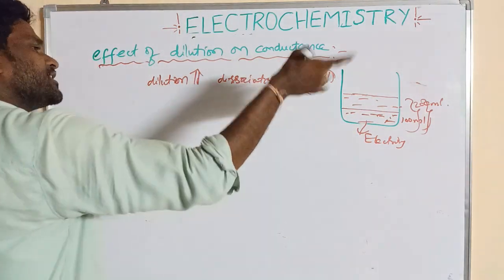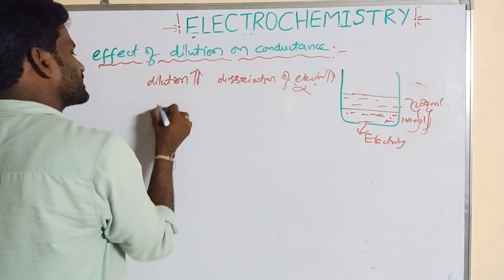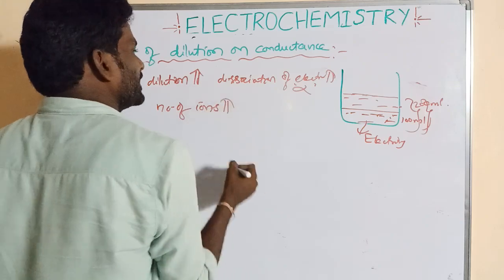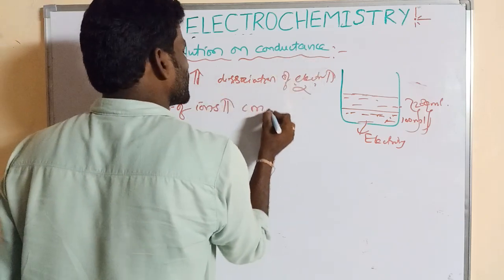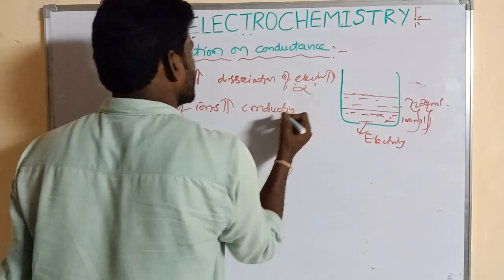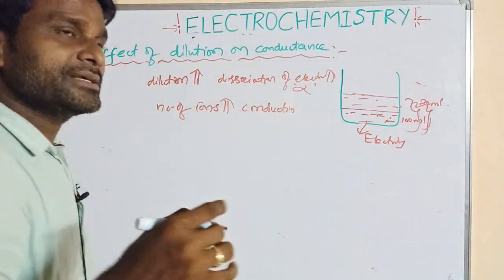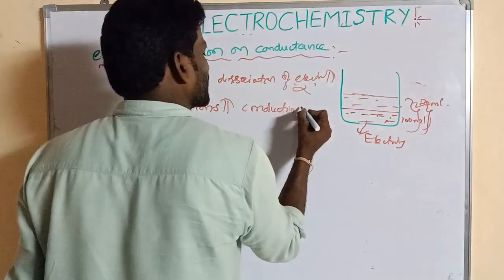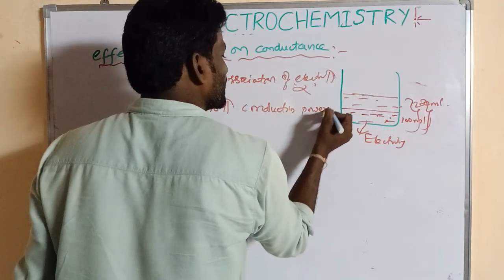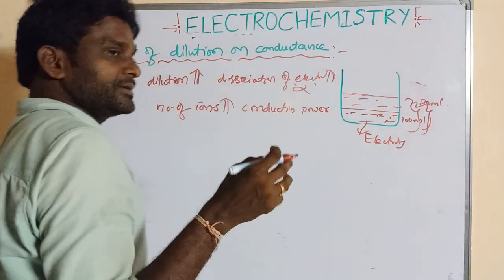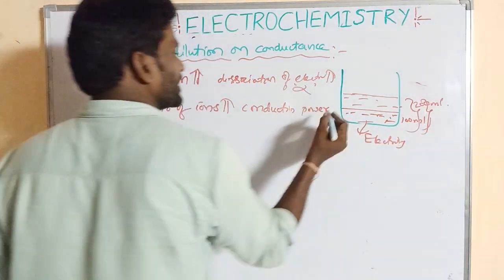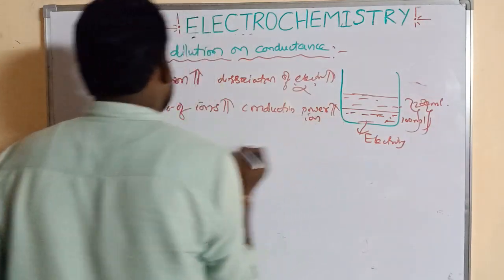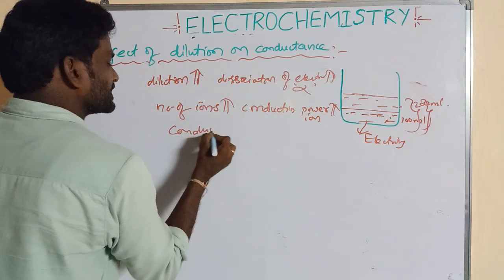If the dissociation of the electrolyte increases, the number of ions increases, and the conducting power of ions also increases. The conducting power of ions is the current carrying capacity of the ions. So finally, conductance increases.